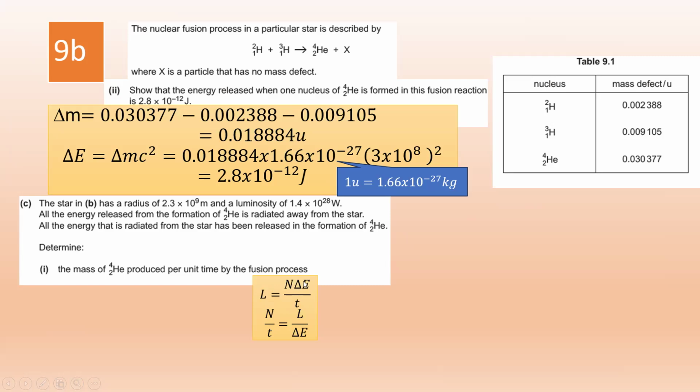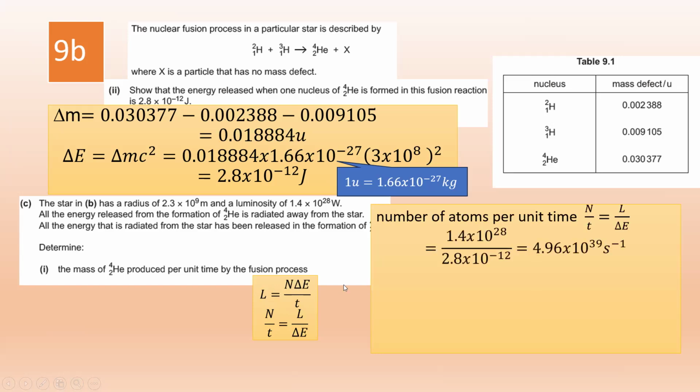So L over delta E. Put in your value, number of atoms per second. That's your L. That's your delta E. Calculate out.